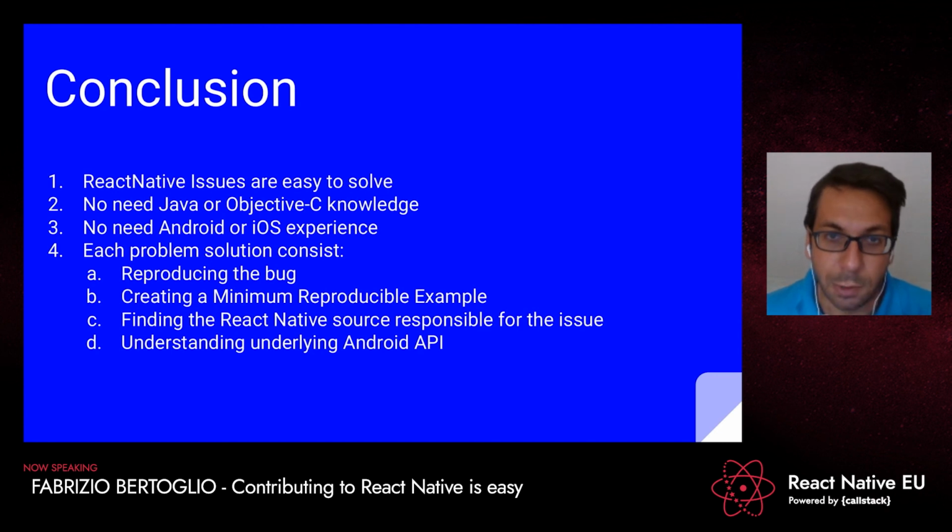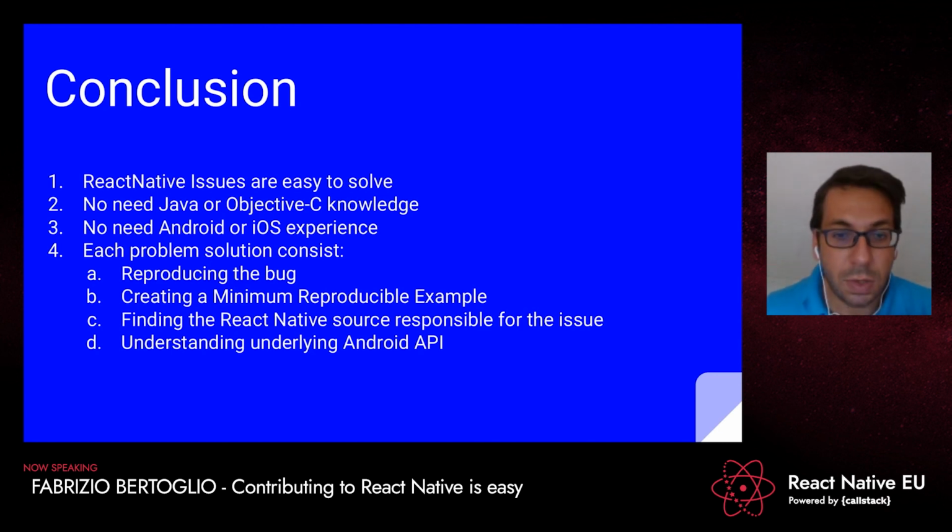So research inside the project for pull requests that can provide some information on how that functionality works, simply searching the open source project for those keywords, and then debugging those functionalities.